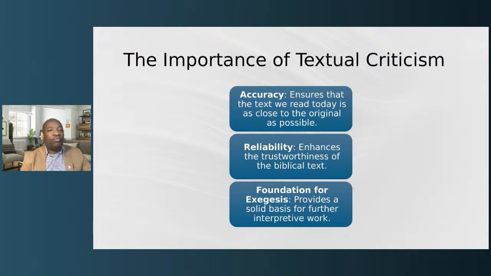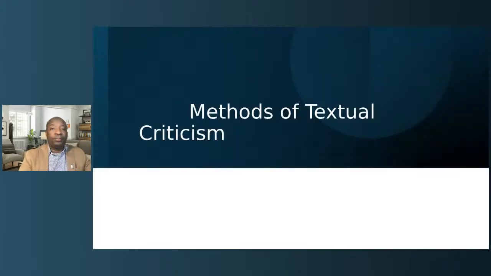And then it focuses on reliability, enhances the trustworthiness of the biblical text, that we can trust what we are reading. The foundation for exegesis provides a solid basis for further interpretive work. We want to ensure that the work of interpretation is based on the most accurate and reliable biblical texts and information that we are able to review.